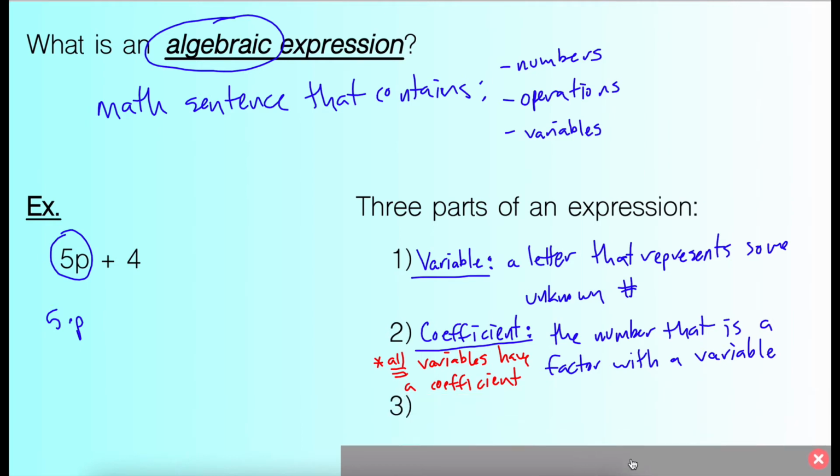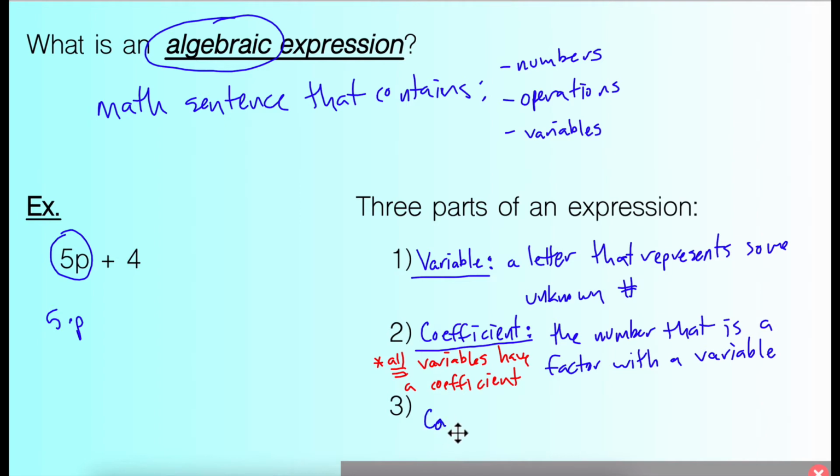The third word that we should talk about and define is the word constant. That's the last part of an algebraic expression. A constant. So a constant, think about the word constant outside of math. If something is constant, it is always.